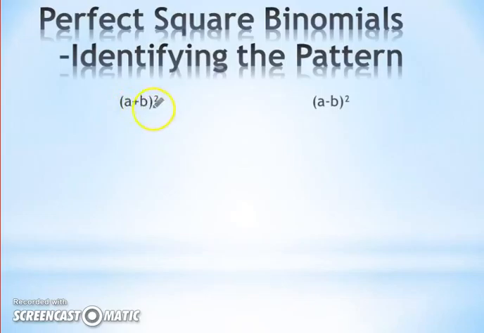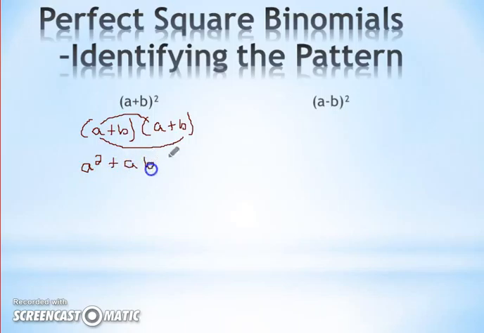So you can think of a plus b squared as really being a plus b times a plus b. If we use the FOIL method, first times the first, we get a squared. The outside times the outside, we'd have a positive ab. The inside two terms, so b times a, we would have a positive ab.